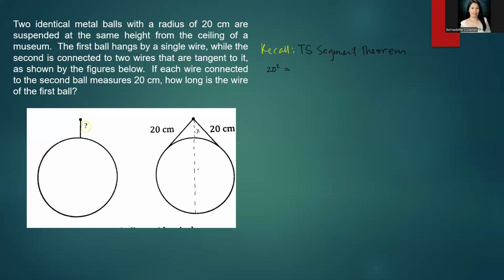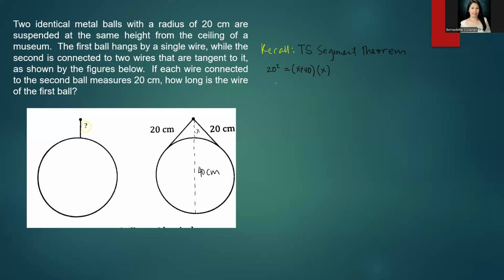So since this is the diameter, we can say that the length is 40 cm given that the radius is 20. So the length of the secant is the diameter and this extended part. So this is x plus 40, and the product of x plus 40 and the length of the extended part, which is x.